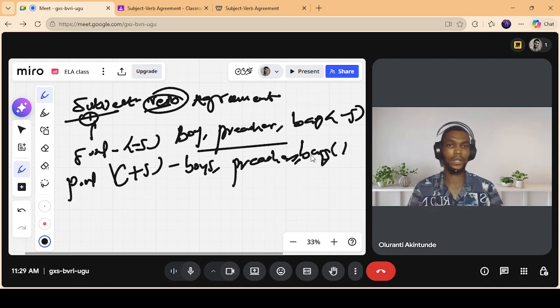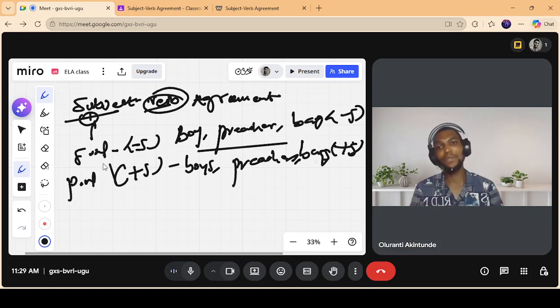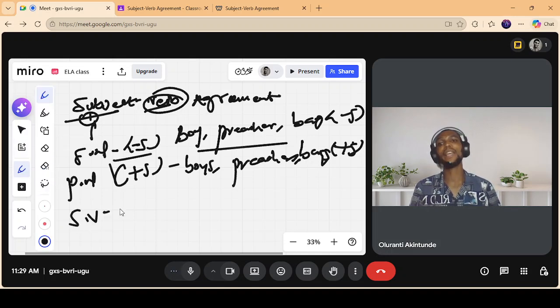Yeah, plus s. Now, by extension, there's this inverse rule, I like to call it. Now, since singular noun will not take s, singular verb on its own would take s.